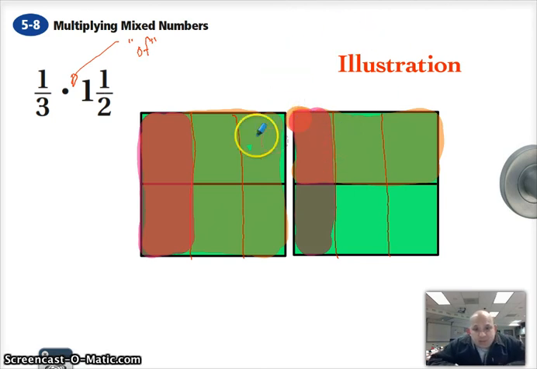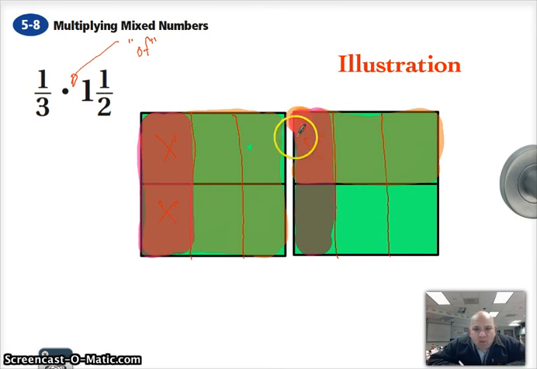Now the areas that are the same color are the areas that we want to count for our answer. So 1/3 of 1 1/2 is this piece, this piece, and this piece.